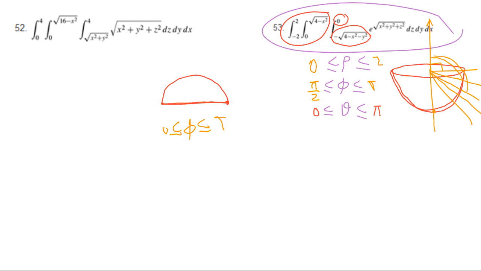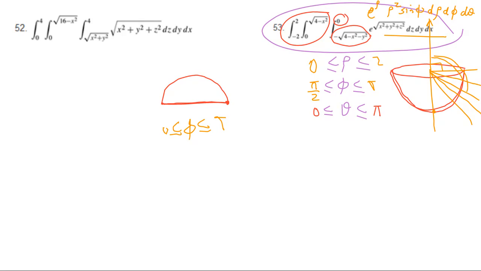And of course, you can now start evaluating this integral. This is only e to the power rho squared sine phi d rho d phi d theta. And these are the limits for rho, phi, and theta.